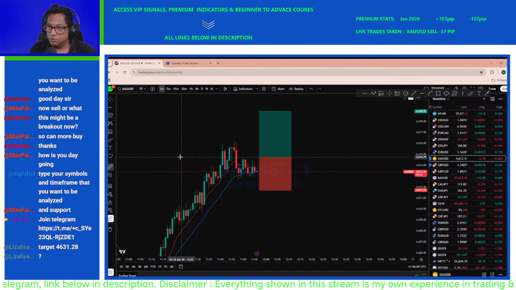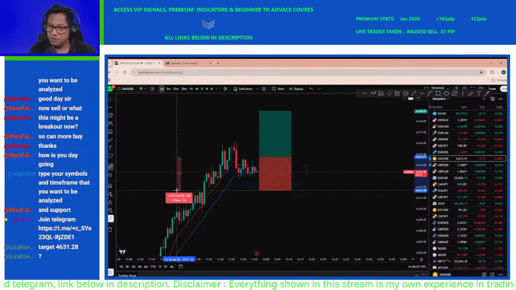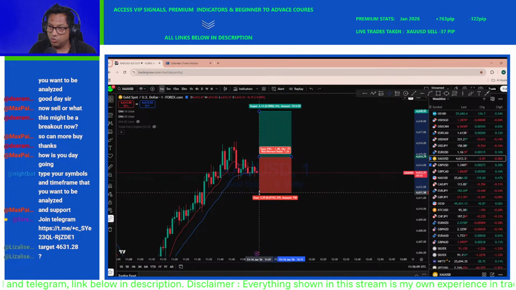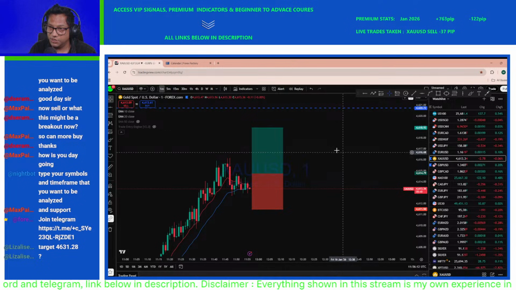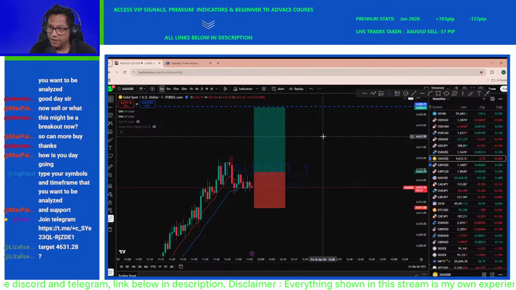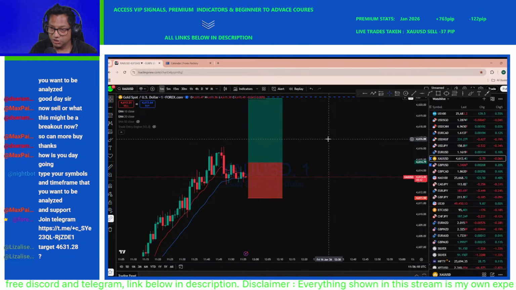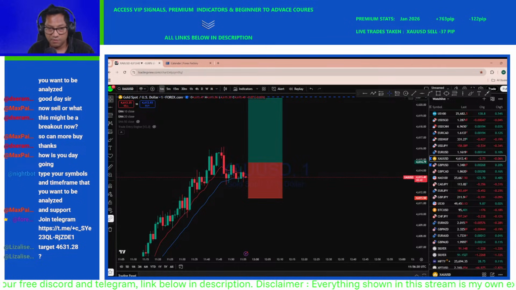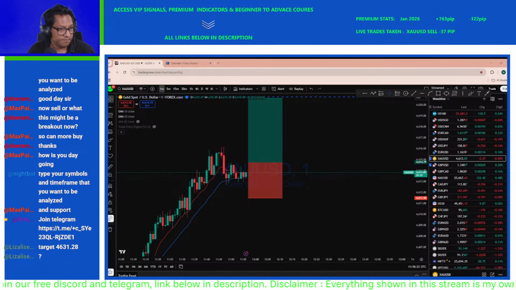So this is around a 31 to 32 pip stop loss that we will be taking here. We'll keep the stop loss below the daily high, but we can change the take profit previously if needed.